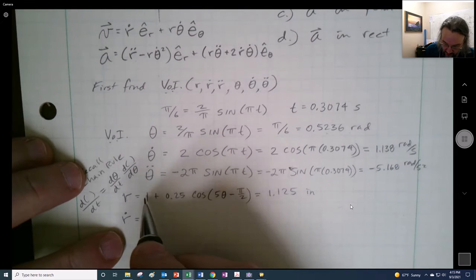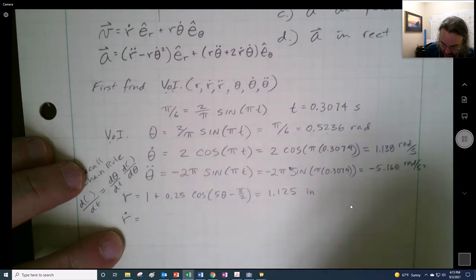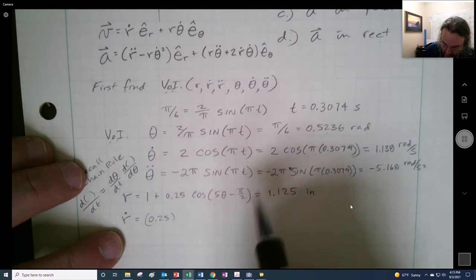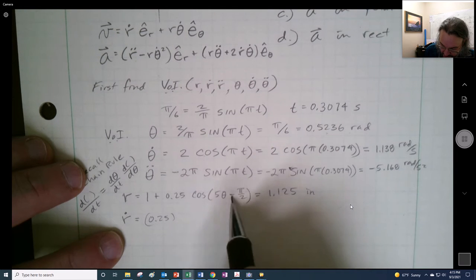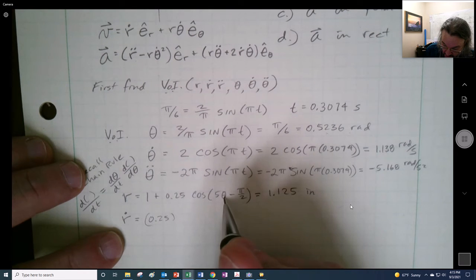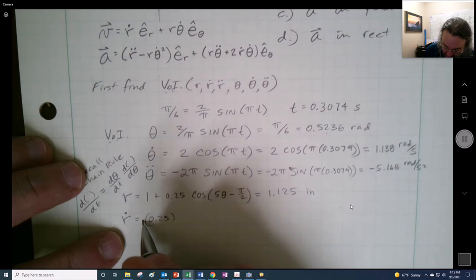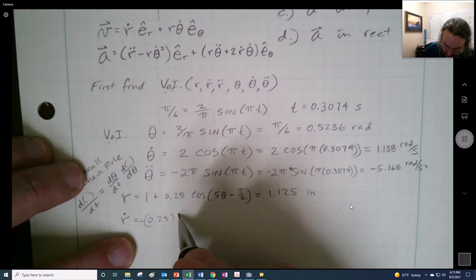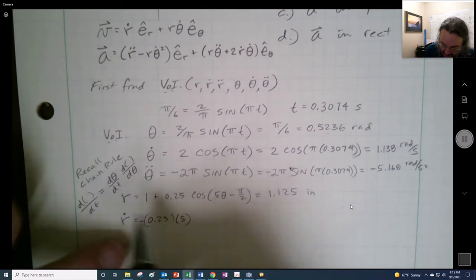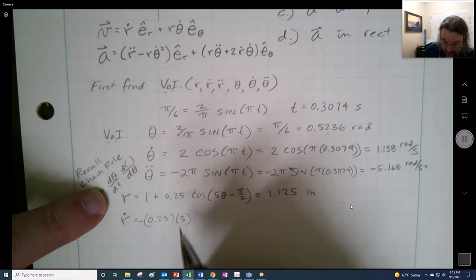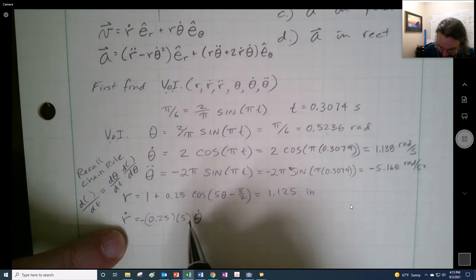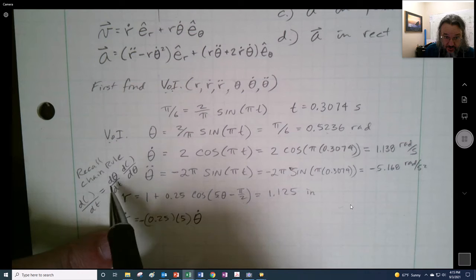So first, I take the derivative of this with respect to time. 0.25, I'll just leave him out there. So I'm going to take the derivative of this with respect to theta first, right? And that's going to make a negative sign. So I'm going to put a negative out there. And the 5 is going to come out. And I need that theta dot, so there's actually a theta dot placed in there because of the necessity to do this chain rule.